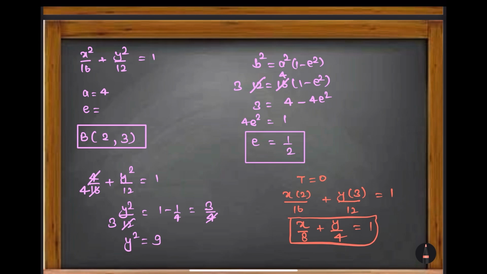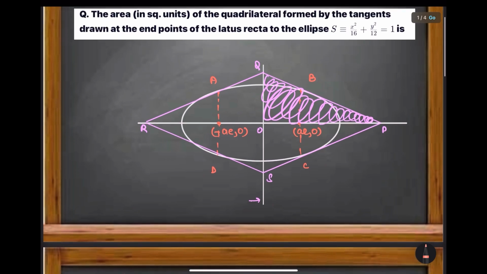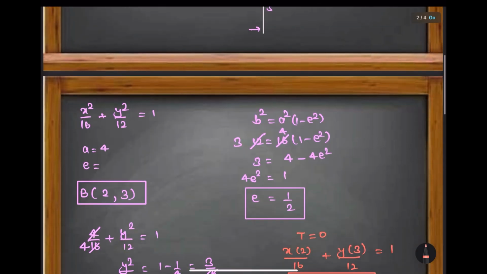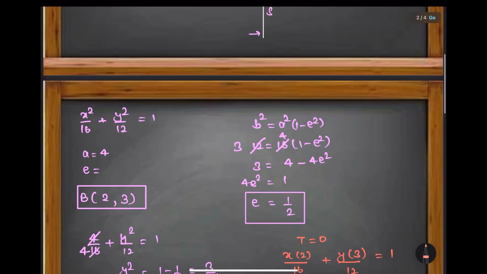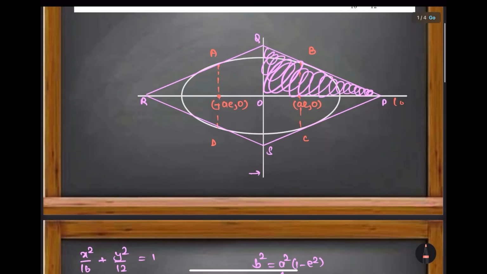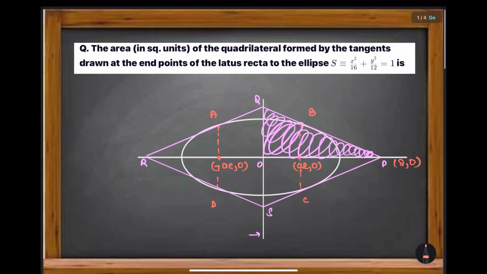Now we have to find the coordinates of P. It is on the x axis, meaning y will be 0. So the x coordinate will be 8. So can I write it is 8 comma 0? Now we have to find Q. Q is on the y axis, meaning x is 0. So the y coordinate will be 4. So it is 0 comma 4.